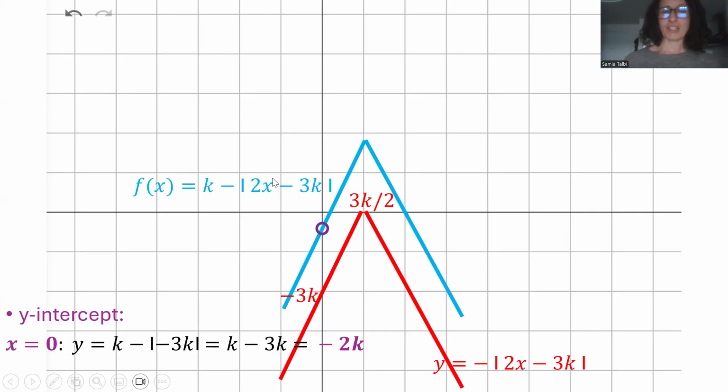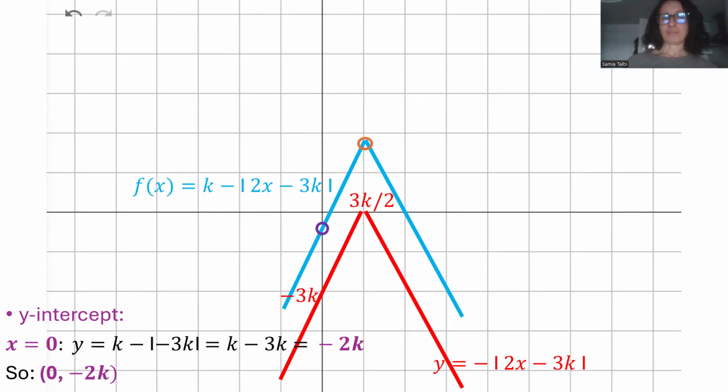So I just put x to 0, and that will give me k minus the modulus of minus 3k. Because it's a negative value, it will return 3k, and k minus 3k is minus 2k. Not surprisingly, the y-intercept is at 0 on the x-axis and minus 2k on the y-axis, and we're happy with that.